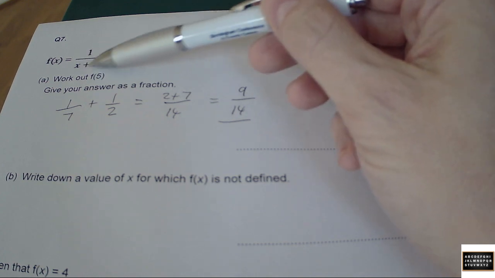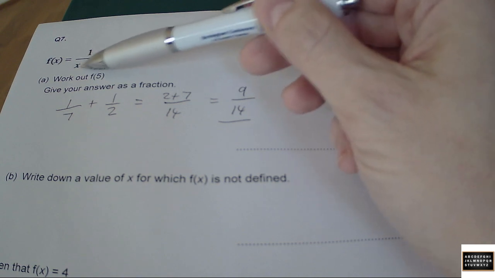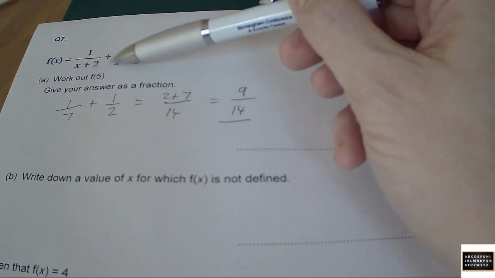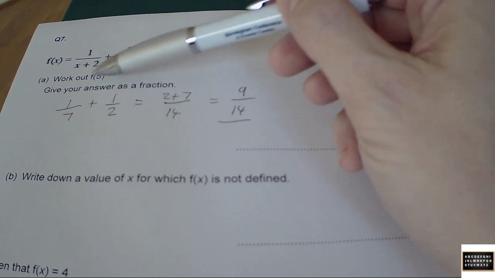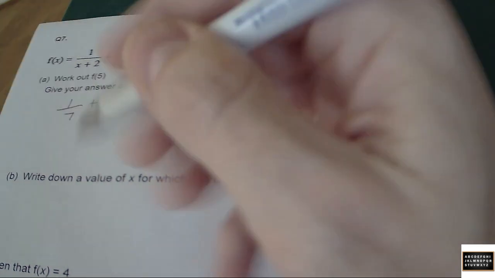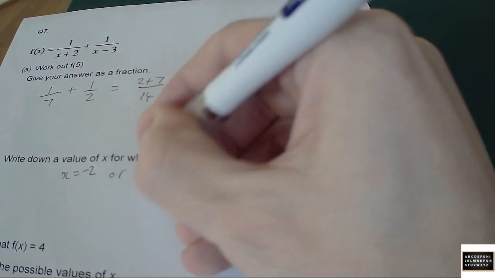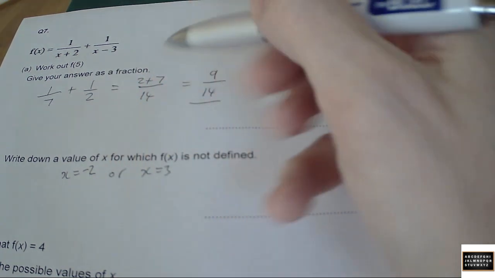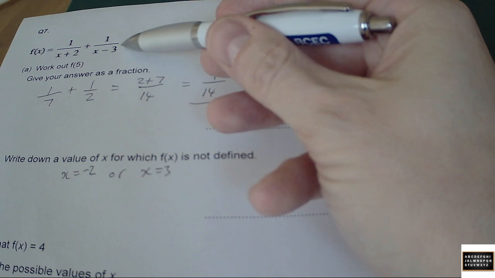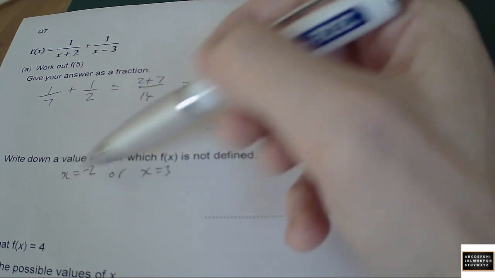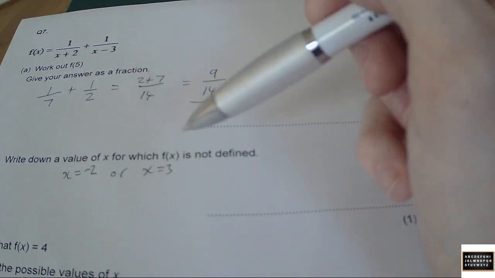So what the question is looking for here is the value where the bottom part of the fraction is going to be equal to 0. So in this case, x equals minus 2 will be a problem, or x equals 3 will be a problem, because similarly that fraction can't be 1 over 0 either. So either of these two values will give you a situation where it's undefined.